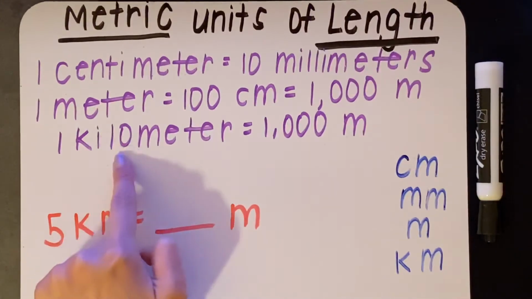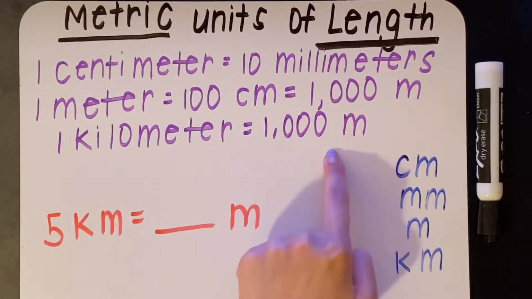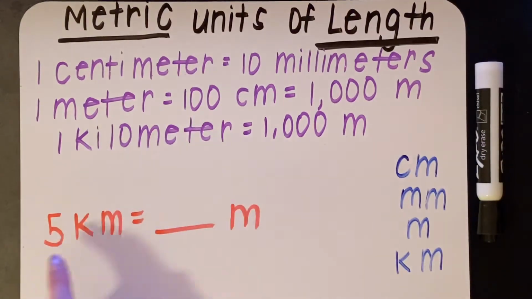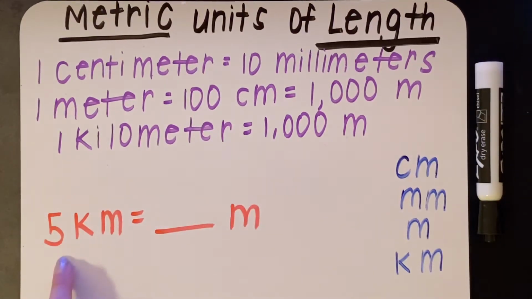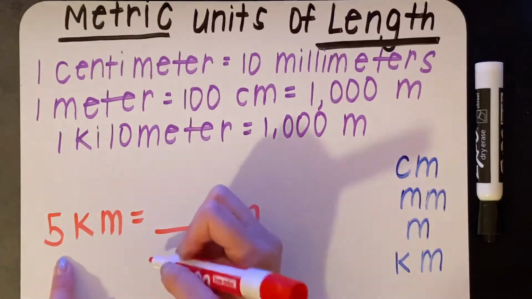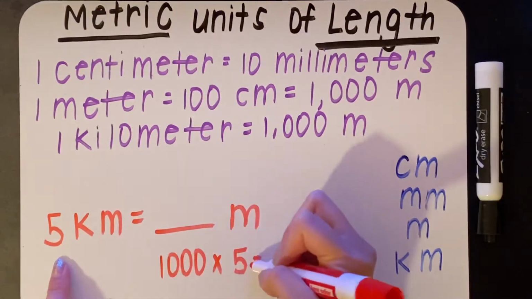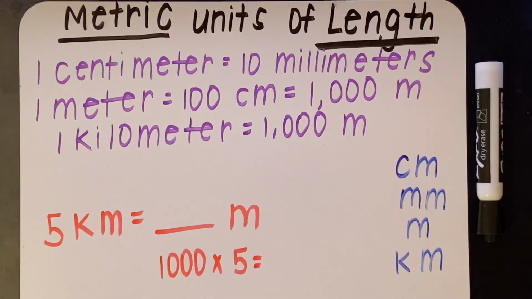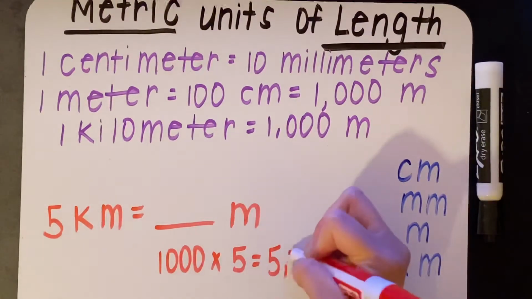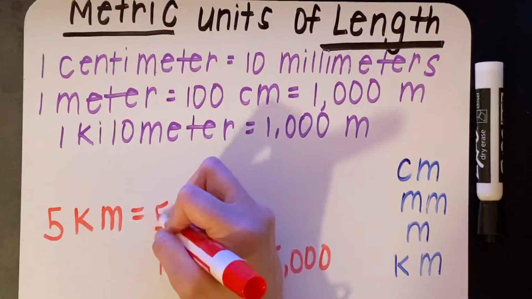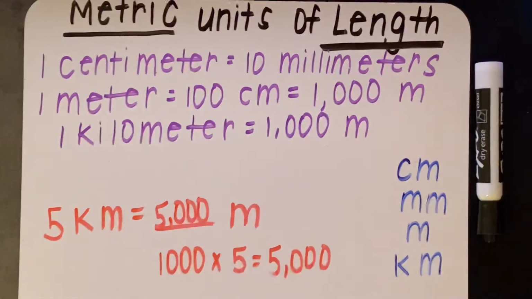Here it tells me that 1 kilometer equals 1,000 meters. So if 1 kilometer equals 1,000, 5 kilometers would be 1,000 times 5, which we know how to do using our mental math, equals 5,000 meters.